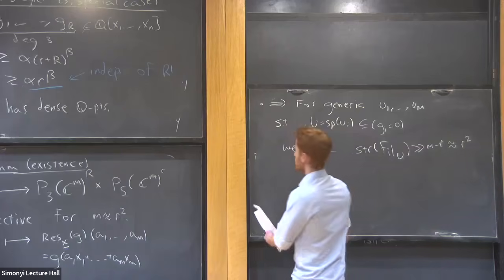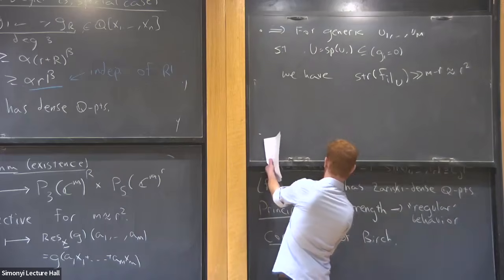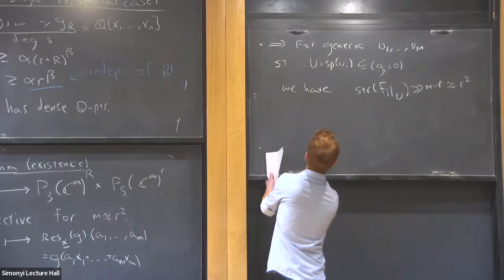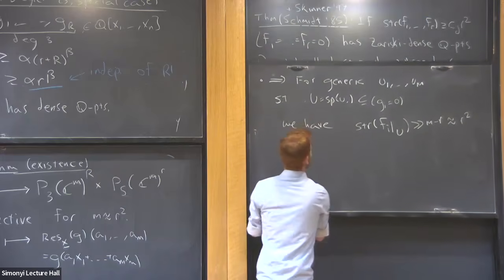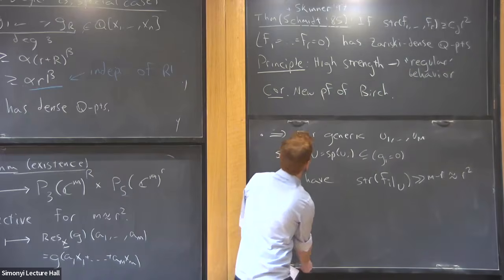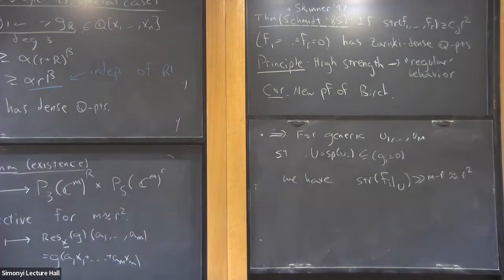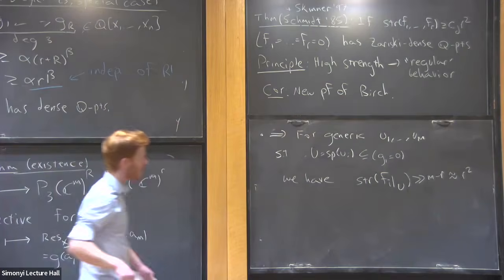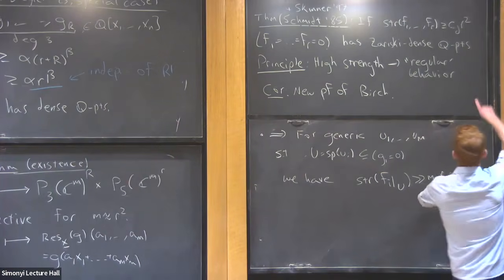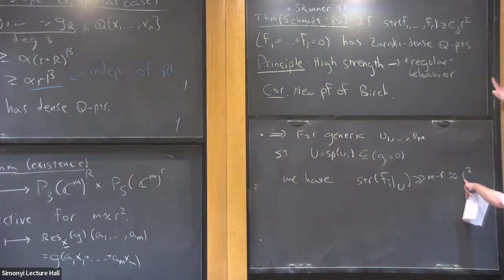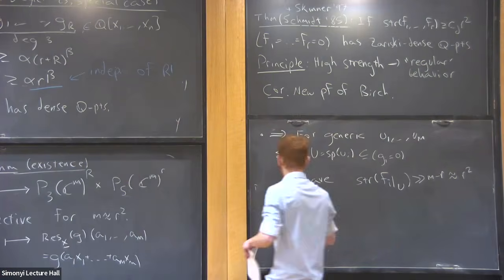And so now we can apply Schmidt's theorem. So now this R squared is going to be that R squared in Schmidt's theorem.